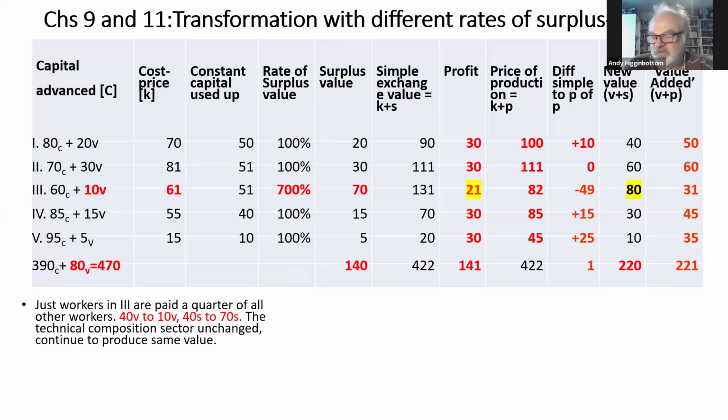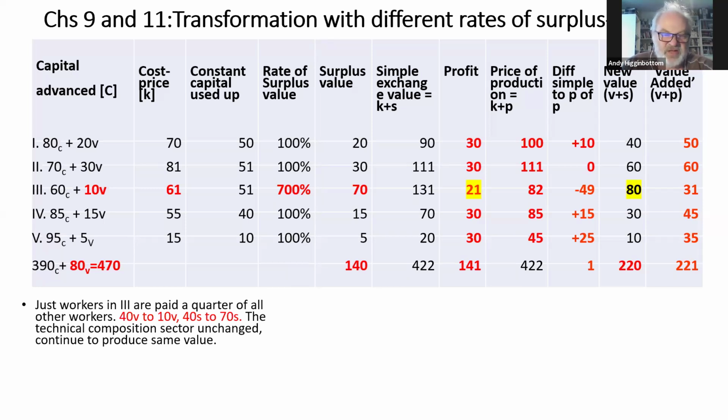So this does correspond pretty close to a colonial type situation. There's a very authoritarian regime, lots of unemployment. Workers are doing basically the same job as what was being done before, but now they're just paid a quarter of what all the other workers are getting paid. So they're producing the same value, they have the same labor time, using the same equipment, and so on.